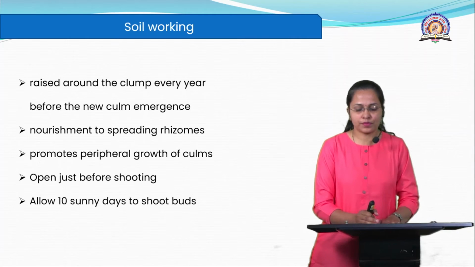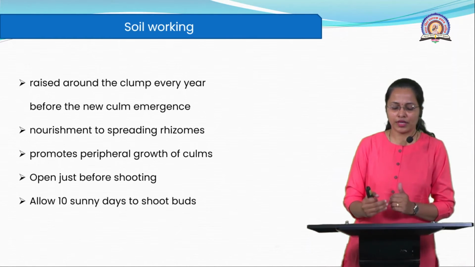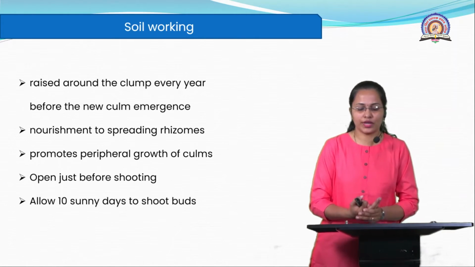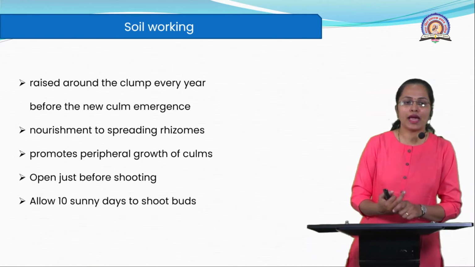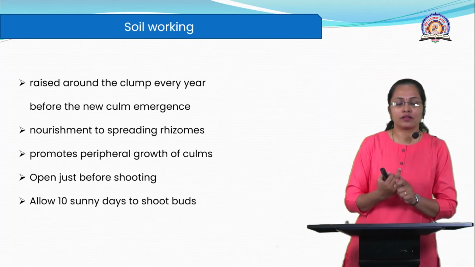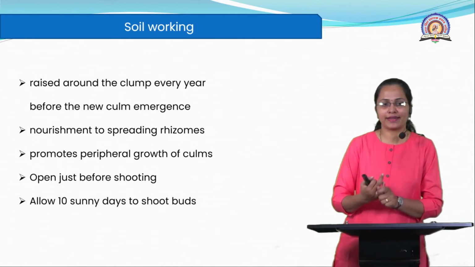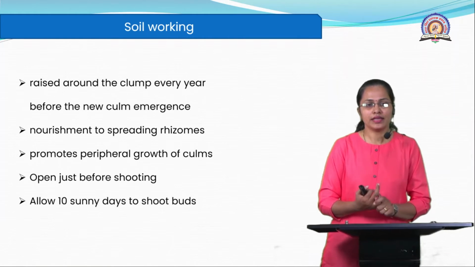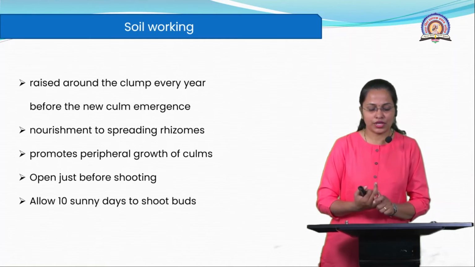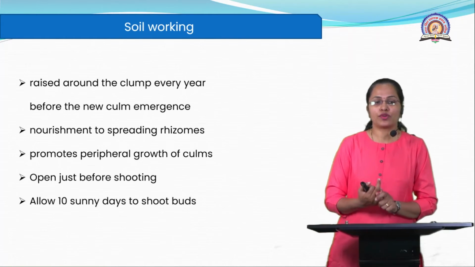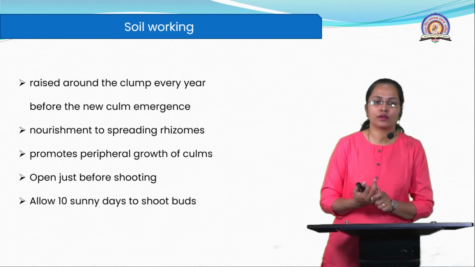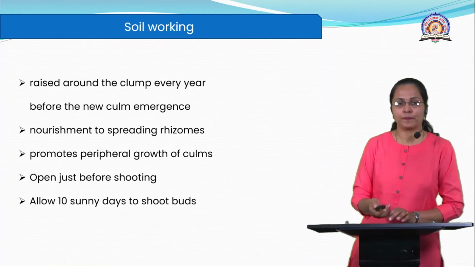Now for this process, before the emerging of new shoots, new buds, we have to raise the soil by 15 to 30 centimeters, and afterwards the new buds, new shoots which are coming are allowed to stand for at least 10 days in sunny conditions. Then again we have to maintain the soil temperature for better shoot growth, and fertilizers should be proper in order to get proper growth of the bamboo clump.